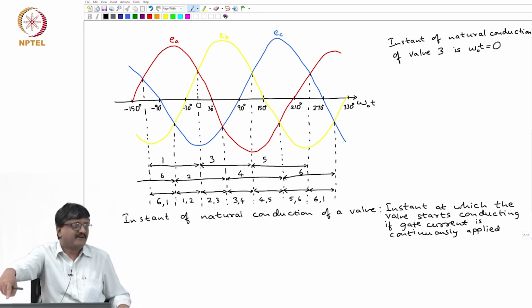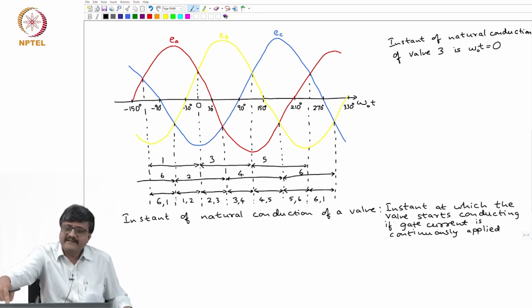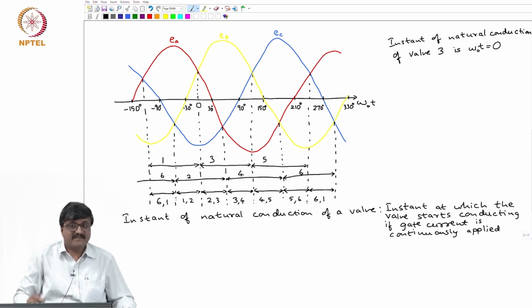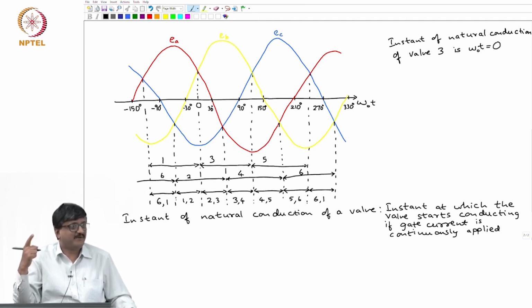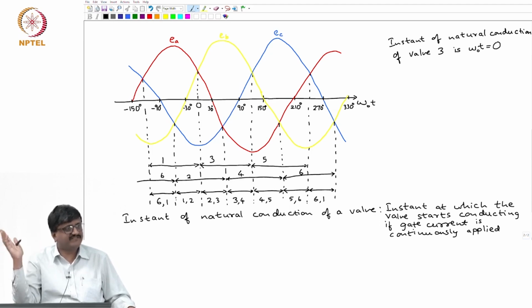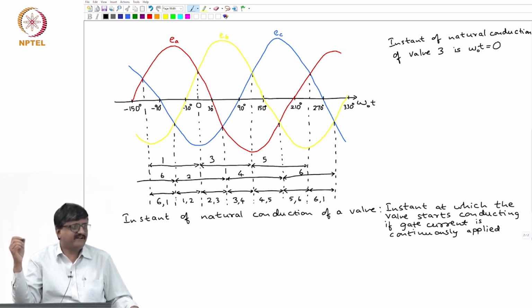So, in the case of valve 3, if I apply the gate pulse at omega_o t equal to 0 and the next gate pulse for the same valve 360 degrees later, you apply the gate pulse only once in one cycle. So, diode operation is possible even with gate pulses, if I apply gate pulses to valve 3 at omega_o t equal to 0, 360, 720 and all multiples of 360. Similarly for each valve, instead of giving continuous gate current, I can apply gate pulses every 360 degrees at the appropriate instant to get diode operation.